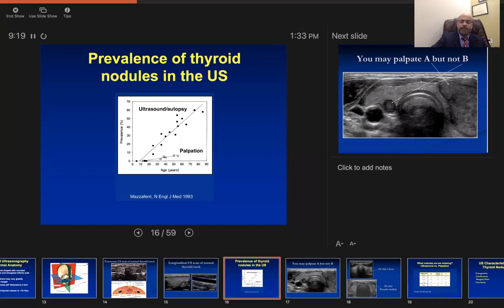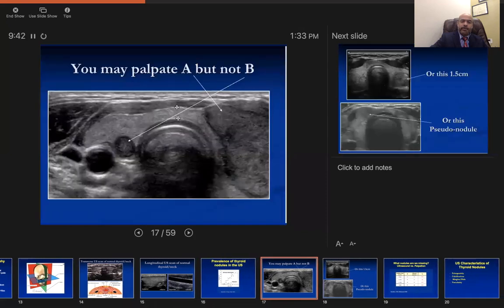They end up developing thyroid nodules. You can see around the mid-30s to 60s on palpation, a little under 10%, and on ultrasonography, around the 80s and 90s, you can have 50 to 60% of patients with thyroid nodules. So they are quite prevalent.